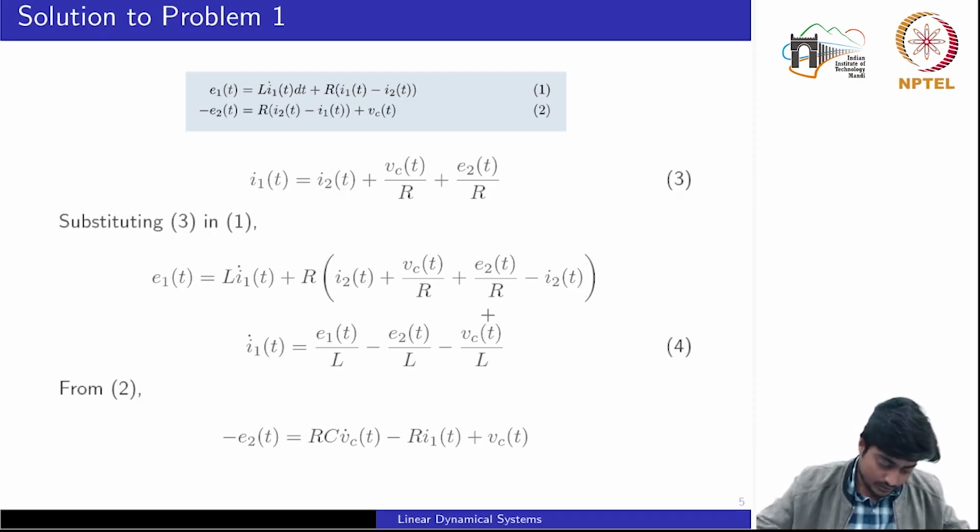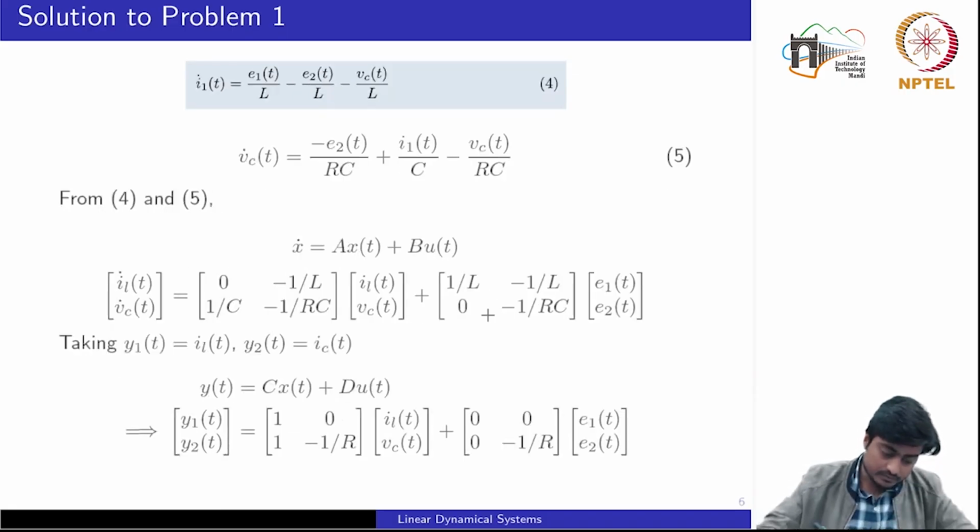Going forward with some more simplification, we obtain equation 5, which is VC dot equal to again a function of the input variables and both these states, and I1 is nothing but equal to IL.